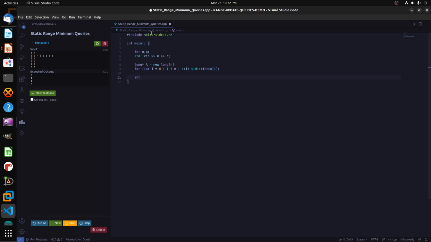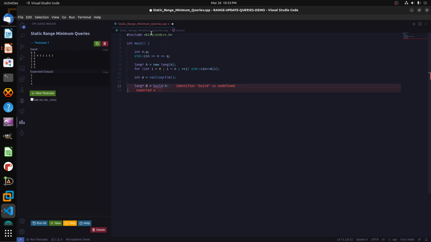Now we go and compute M, the size of the array blocks. Let's make a function that fills or builds the array blocks. I call it B here.